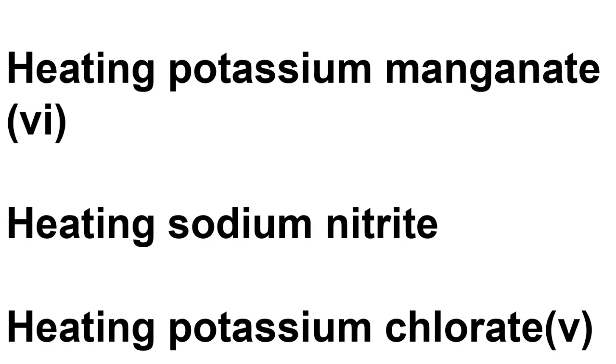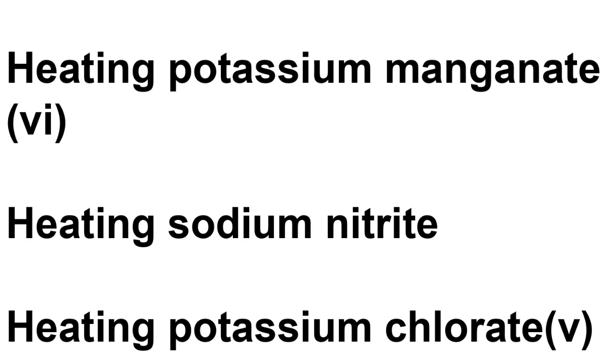Other methods of preparing oxygen in the laboratory include heating of potassium manganate(VII) to produce potassium manganate(VI), manganese(IV) oxide, and oxygen. Another one would involve heating of sodium nitrate to produce sodium nitrite and oxygen.